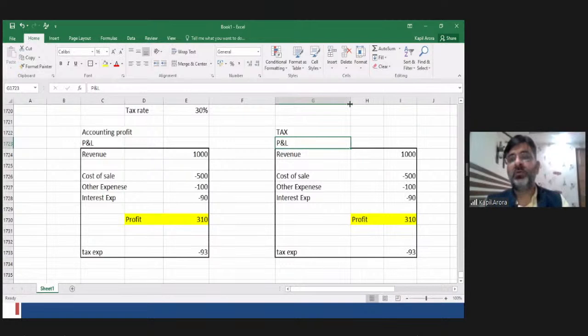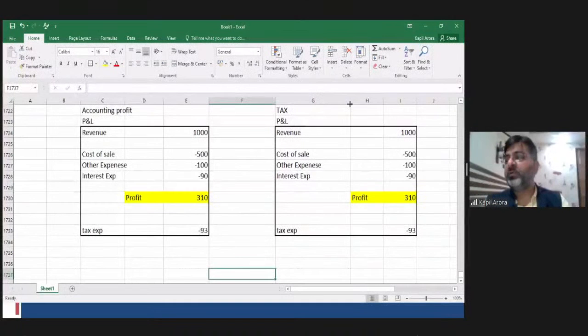They would find out what exactly is the difference between the tax books and the accounting books.